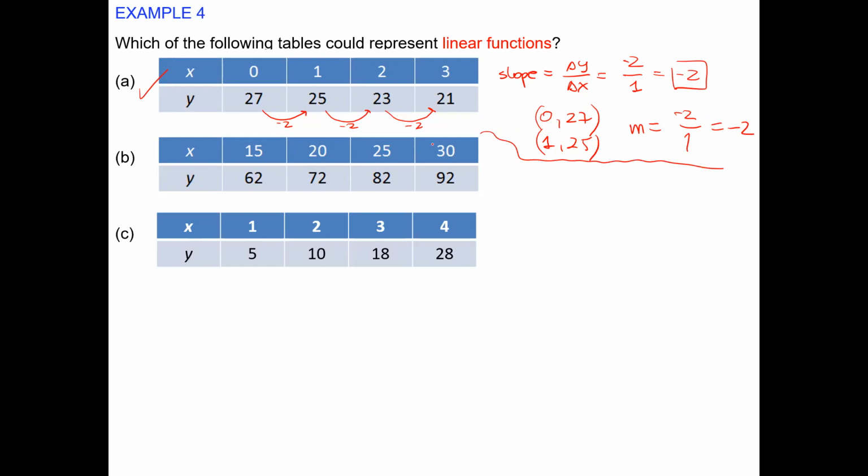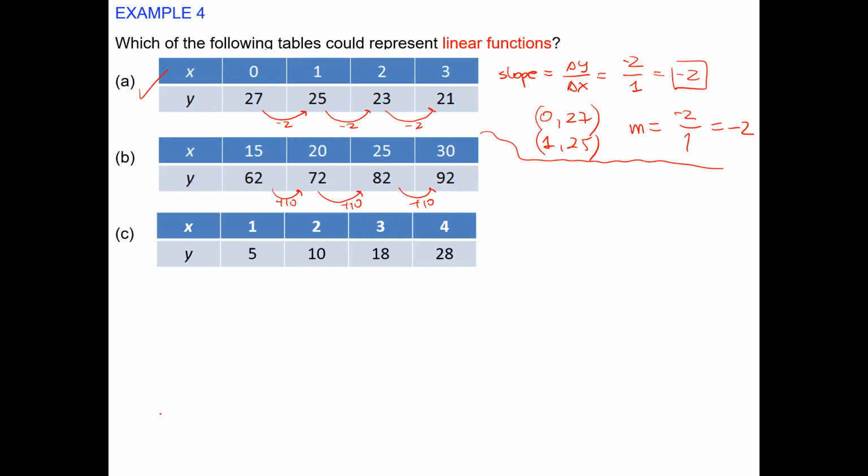We're jumping by 5 in x, equal differences in x. Let's see, 62, 72: we add 10. We add 10, we add 10.